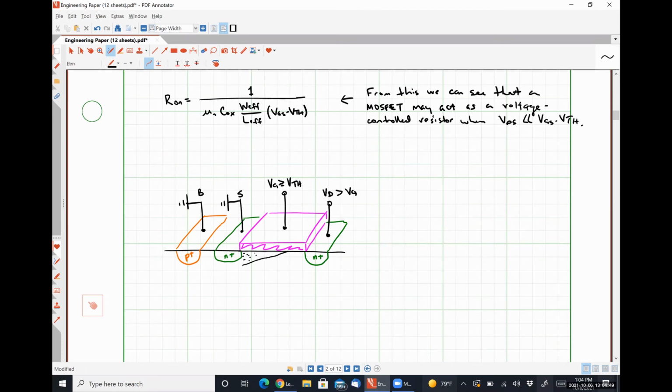So we got all of our electrons buried in here. If you recall, this is our 0 point. This is the effective length of our channel. I'm going to call this L-E-L-E-C, okay?